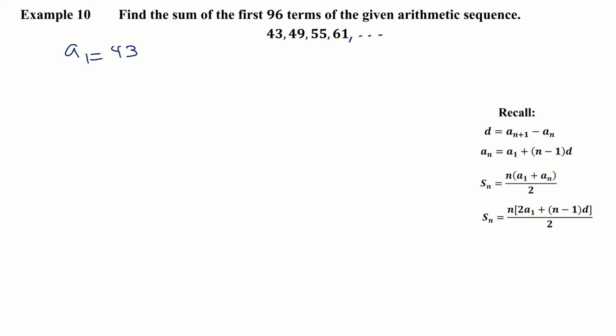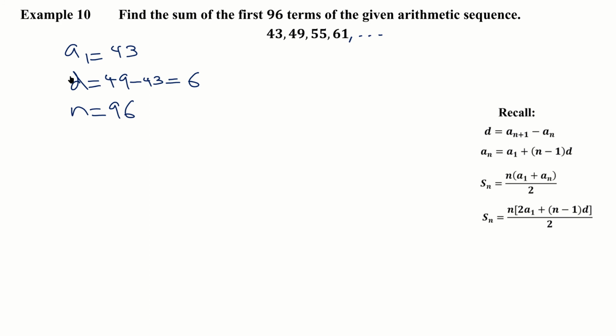Now, do we know d? Well, not yet, but it's very easy to find, right? Just 49 minus 43, for instance, right? So we know d now. Do we know n? Of course, because we want to find the sum of the first 96 terms. So n is 96.